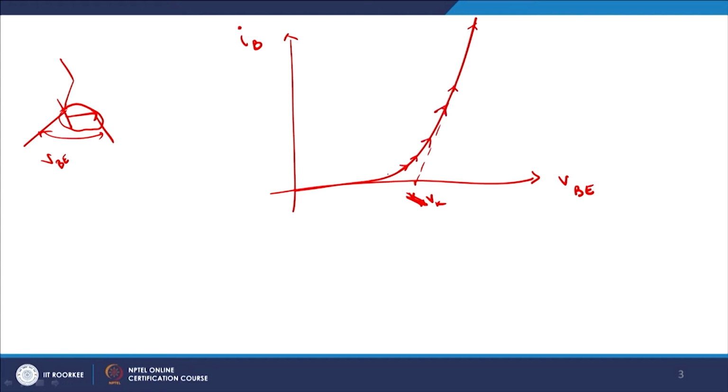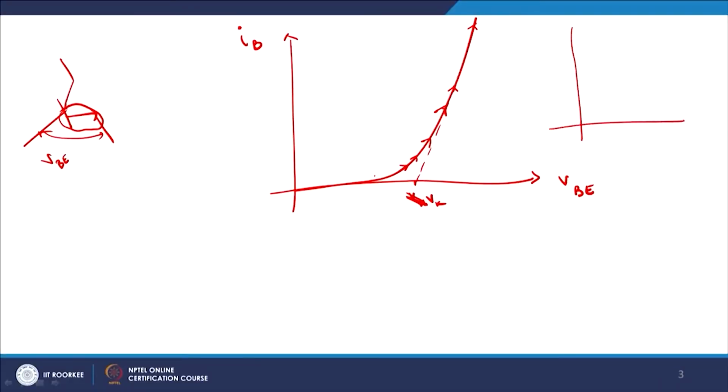Below that particular point, the current is very low, very small. So, IB with VBE is in this manner. We have also seen from our previous discussion that if you bias your device such that your Q point is here, this is your active region.